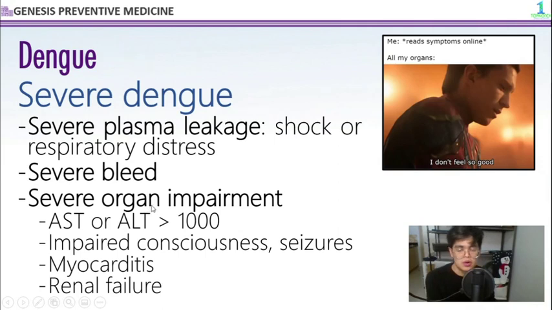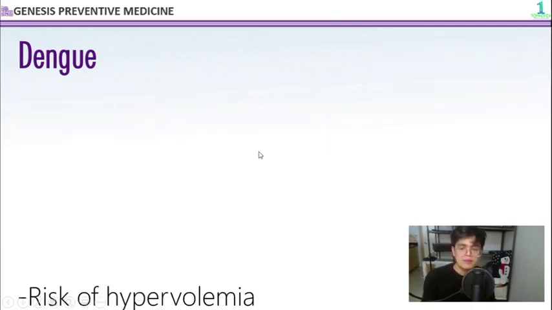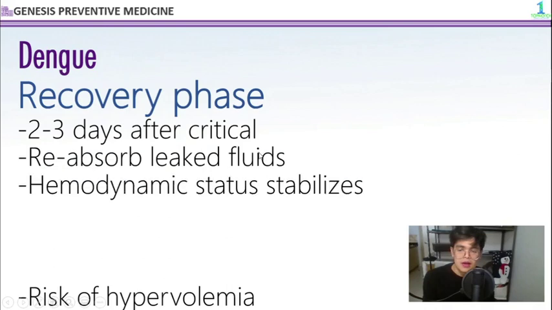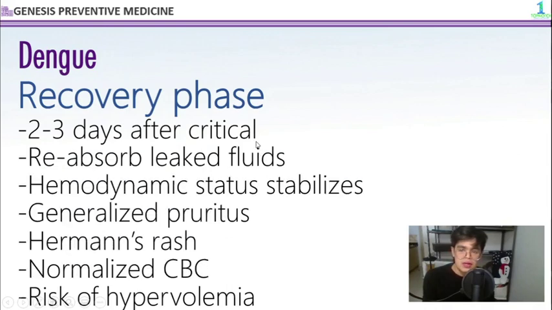So for severe organ impairment, that is organ specific, there is end organ damage because of the severe dengue. Okay, so after the critical phase, we now have the recovery phase.